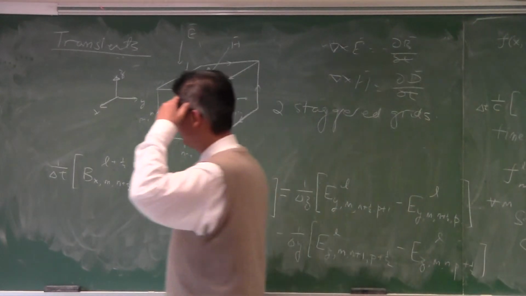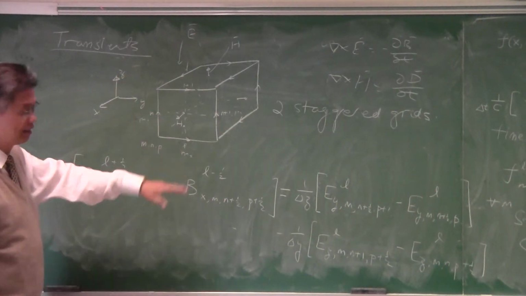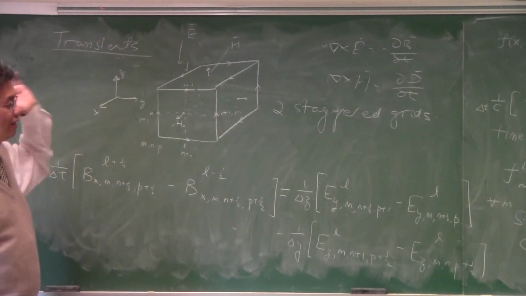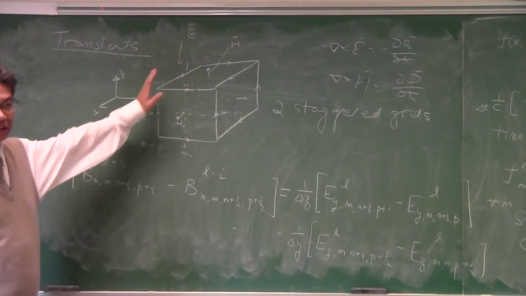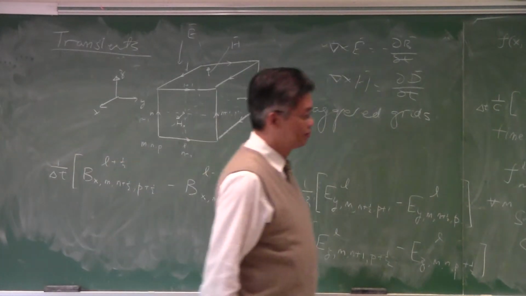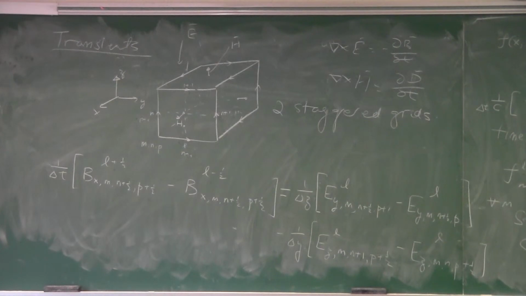Okay? So you put the field on two staggered grids and keep writing Maxwell's equation on the 6 faces of this cube. Actually, just 3 faces, not 6 faces. 3 components of this cube. And then you can time step all the 3 components of this Maxwell's equation. And then you do the same thing for the other equation, 3 components. And then you can do marching forward in time.